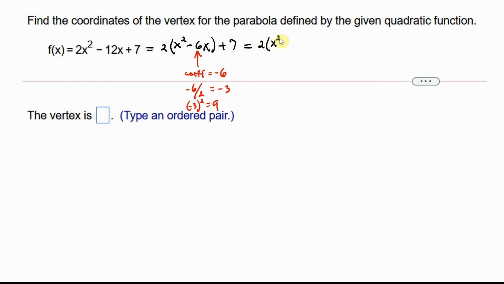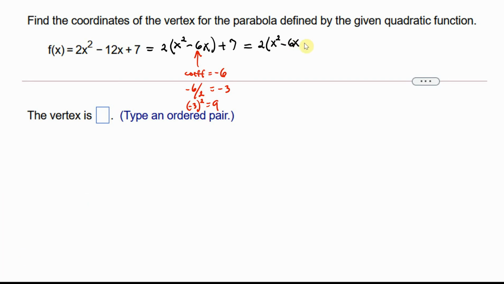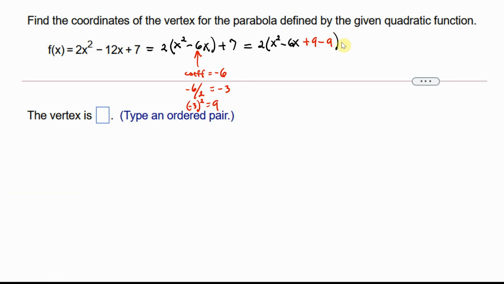So I'm going to leave in black what I already have, and then here's what we've done. We're going to add 9, subtract 9 within the parentheses. Then plus 7. Now, have I harmed the problem? Have I messed it up? No, I didn't. See? All I've done was just to add a 0 to it.